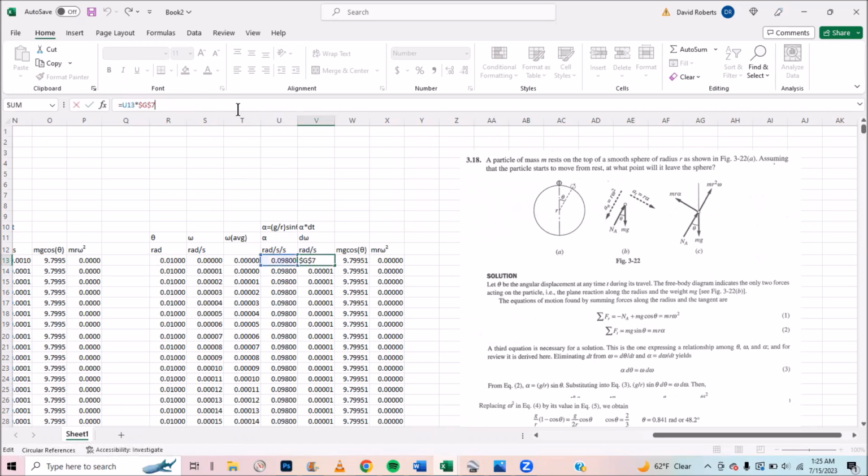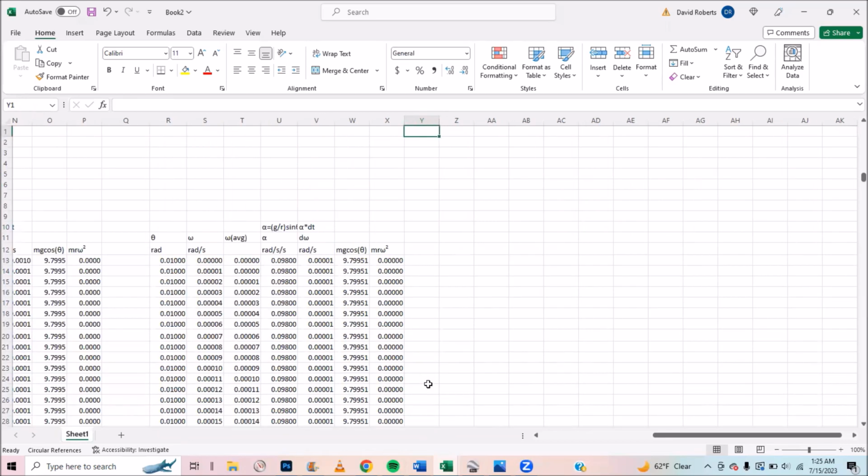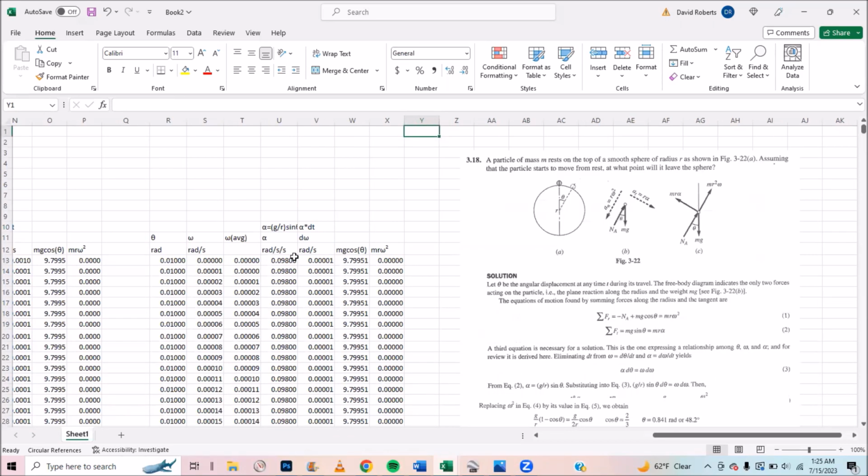And for this one, the time is 0.0001 second. I'd say that's a very small amount of time, so I bet we're pretty accurate. That's why this is accurate. And then that's going to be our change in angular velocity over that short amount of time, and then you add it to the original angular velocity. Okay, so we did it.